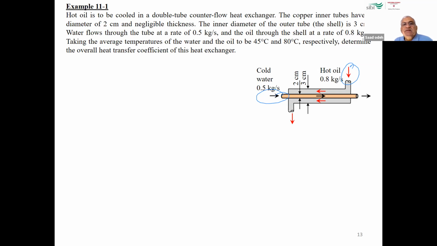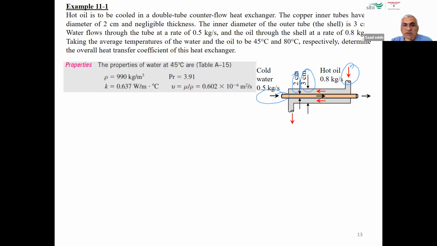Right? So we know the diameters of the inner and outer tube. That's already given. So now we need to find the heat transfer coefficient. So we'll do the same thing. First of all, we need to find the properties of these two fluids based on the temperatures we have. So the property of water, we need to find it at 45 Celsius, because the average water temperature is already given.